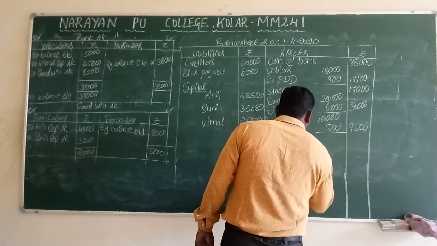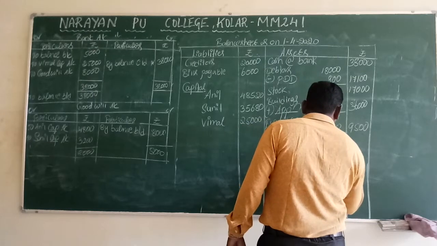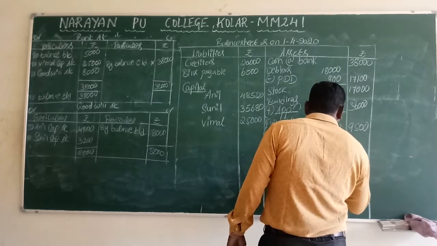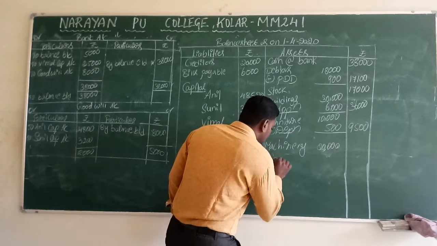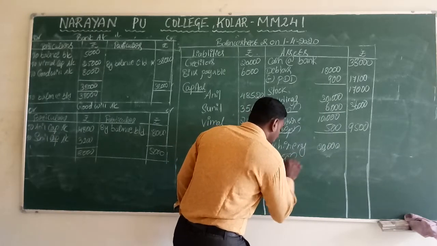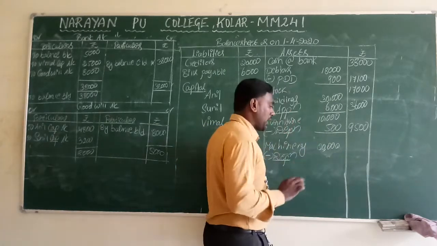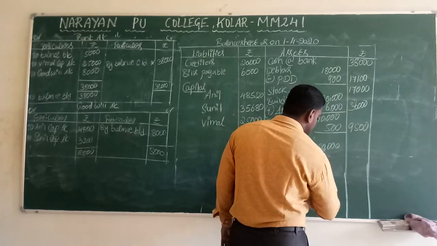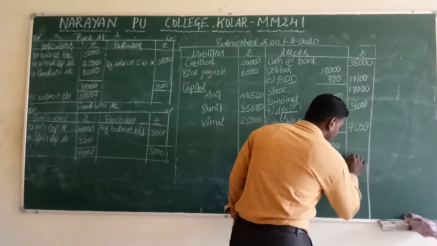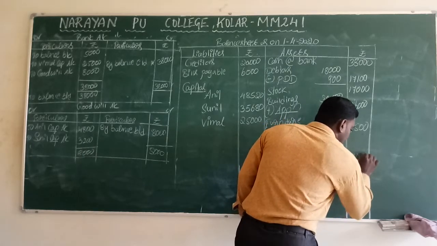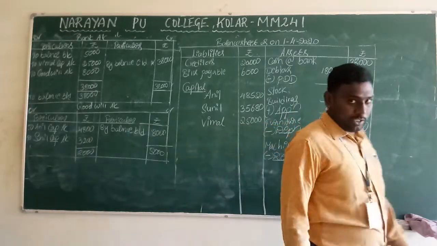The value of machinery is 20,000. For this we have an adjustment, that is minus depreciation. The depreciation we have already calculated in account number 1, the revaluation account, is 2,000 rupees. 20 minus 2, we get 18,000.